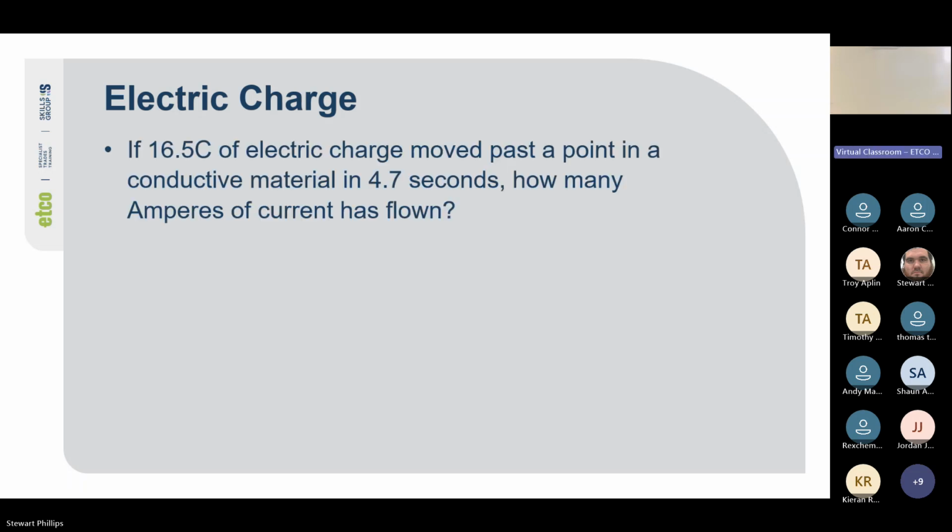Cool. So if 16.5 coulombs of electric charge move past a point in a conductive material in 4.7 seconds, how many amperes of current have flown? So I'll give you guys the formula again.